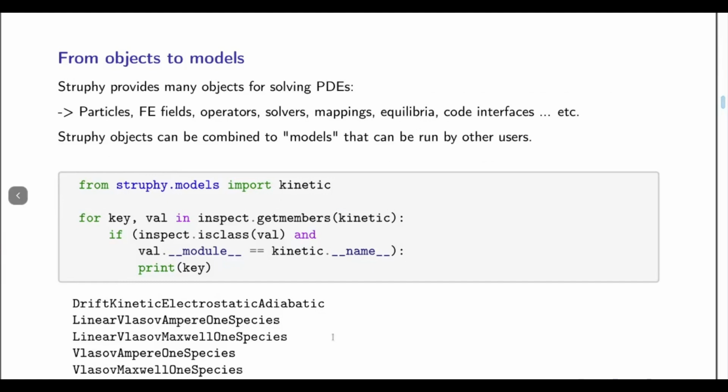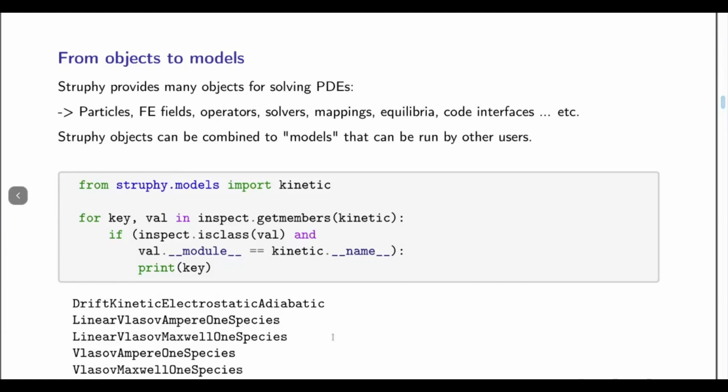Now let me talk a little bit more about the API and how you can actually use Struphy. Struphy is object-oriented, and it provides many classes from which you derive objects for solving the PDEs, like particles, finite element fields, operators, solvers. You have mappings, you have MHD equilibria, and you have interfaces to other codes, as you will see.